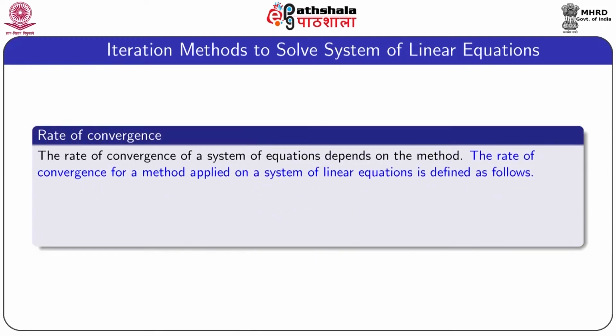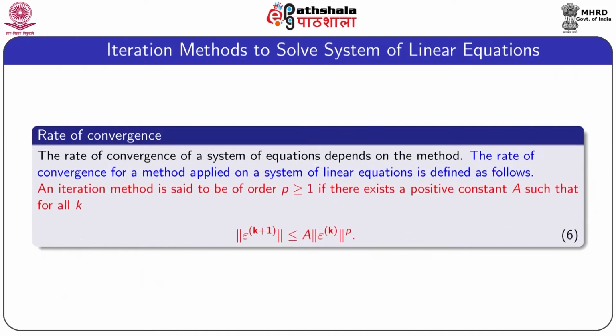Now, we define a very important parameter associated with any iteration method, called the rate of convergence. The rate of convergence of a system of equations depends on the method applied to solve this particular system. It is defined as follows.